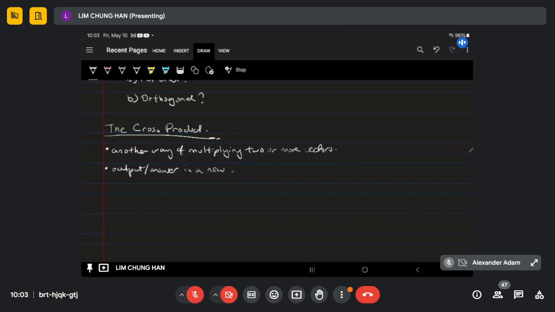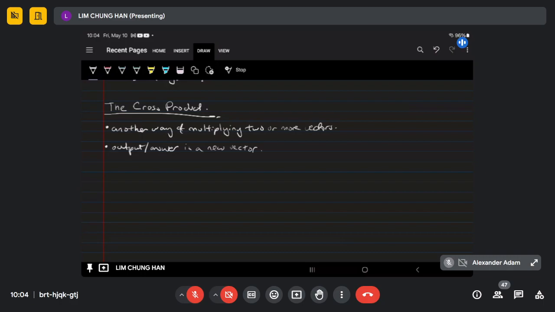If you recall, when you were doing dot product last week, the answer is a number, basically a magnitude. But when you do cross product, the answer is a new vector. So if you do cross product and suddenly the answer is a number, that means you've done something wrong.